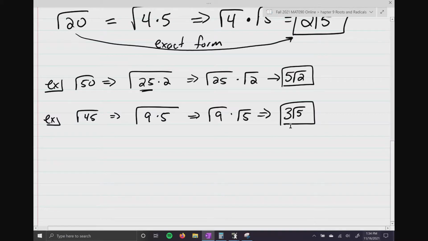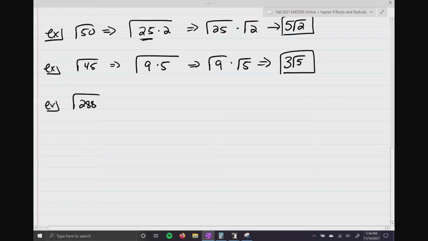These numbers are very simple. What about something like the square root of 288? Well, I know you've heard me say this before in this class, and you're going to hear me say it a lot, even if you take me for Math 108. I love this technique called prime factorization. If you go back and look at our Chapter 8 videos, I do this a lot.